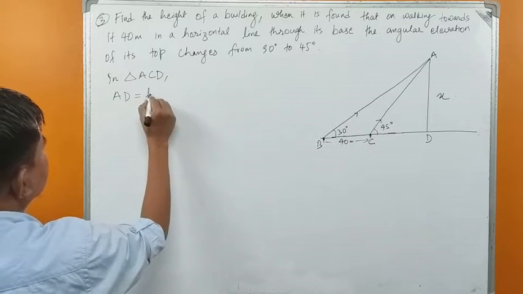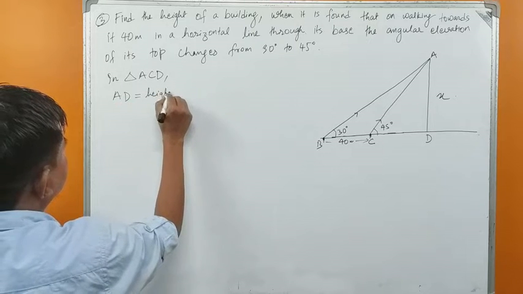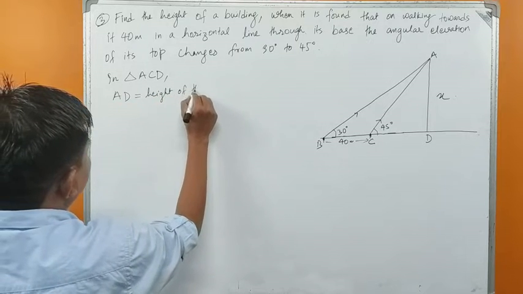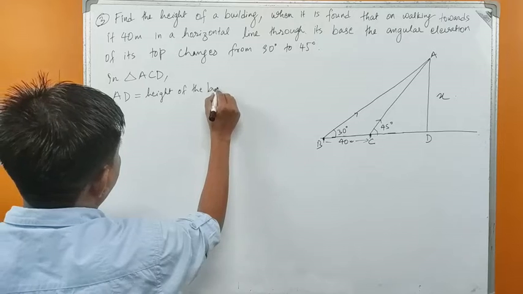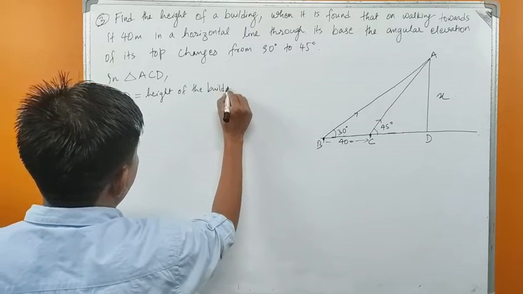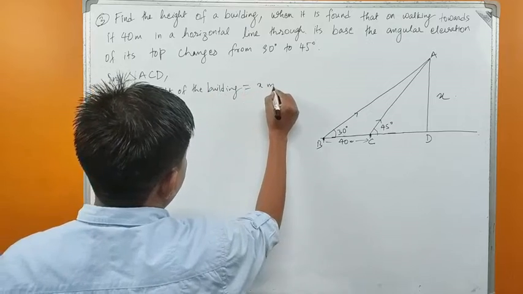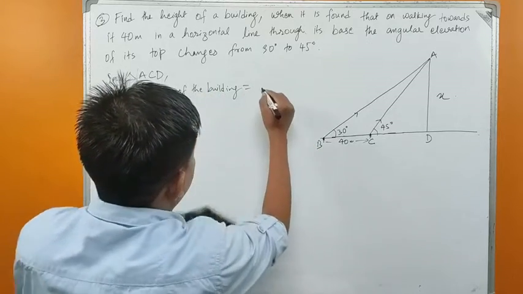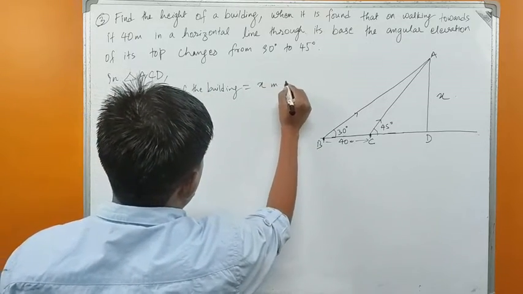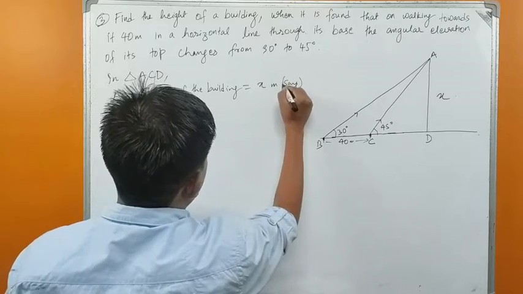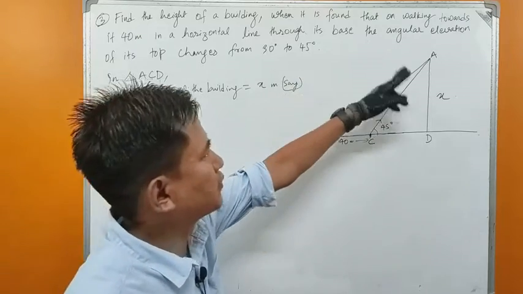AD equals to height of the building equals to X meter. Let us suppose the height of the building is X meter, AD.